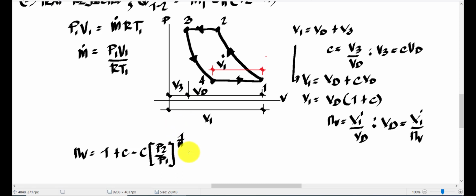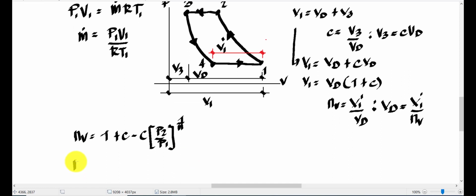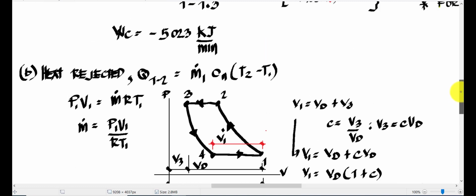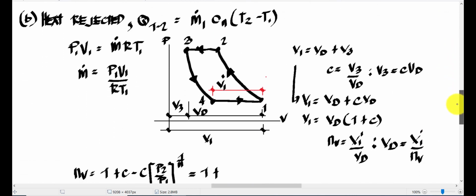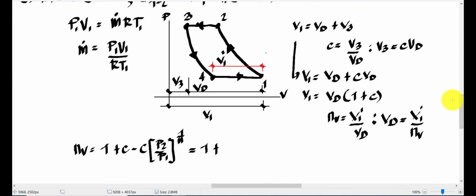Okay, so we can write our solutions here. So let us substitute the values. So we have 1 plus the value of your clearance, which is 5%, so that will be 0.05, then minus 0.05, then we shall multiply it by the ratio of your pressure.